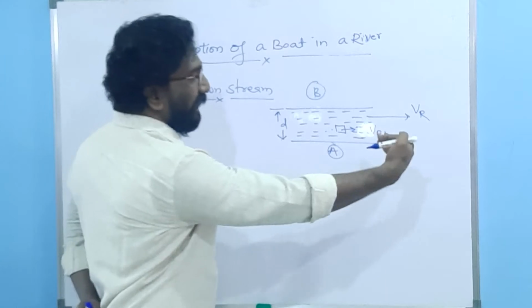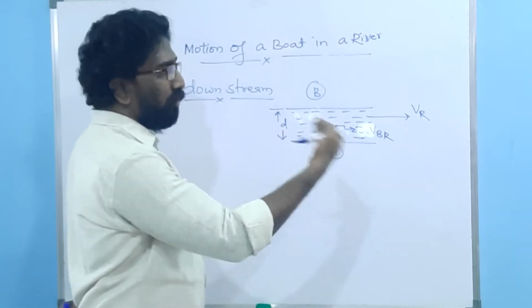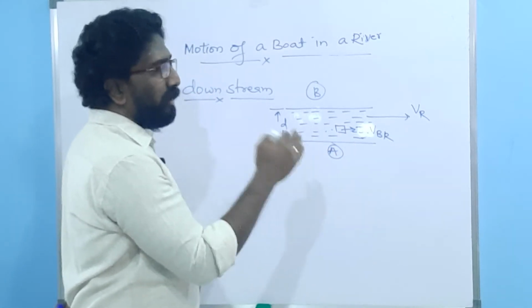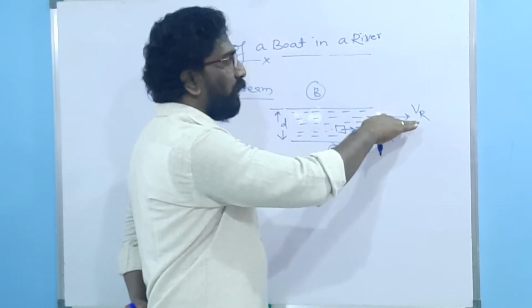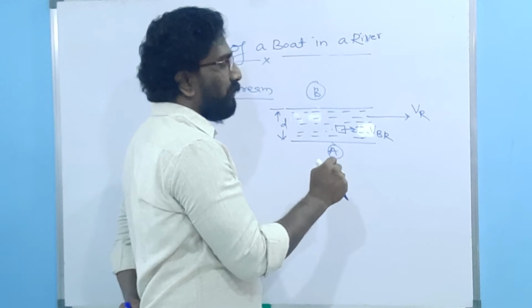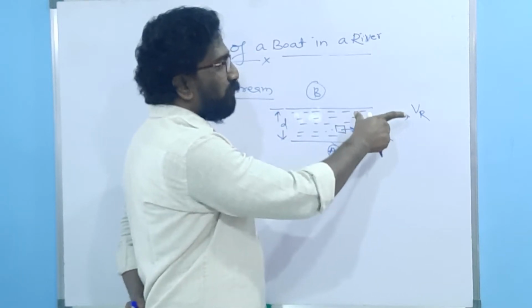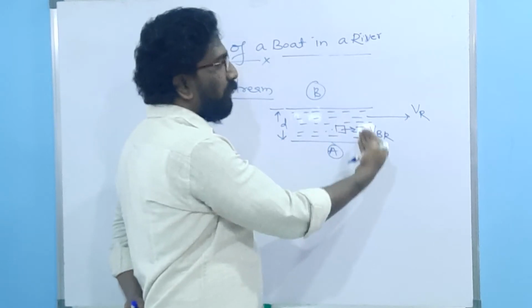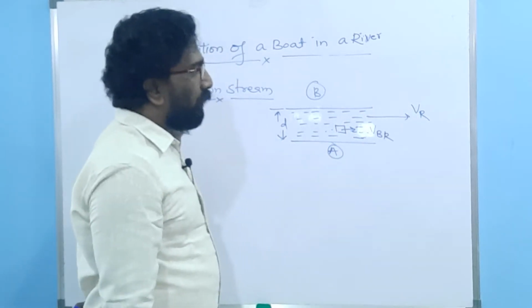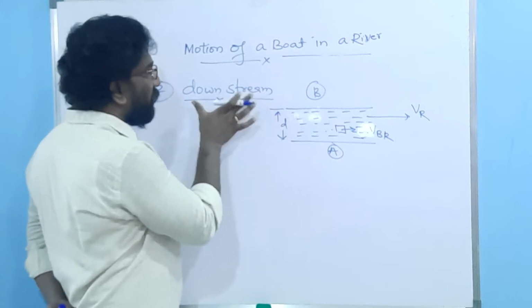But whenever we are going against the flow of water, we are supposed to apply more force. But here, my boat is traveling in the same direction as the water, so both have the same directional velocity. Because of that, the resultant velocity of the boat becomes the velocity of the boat plus the velocity of the water.